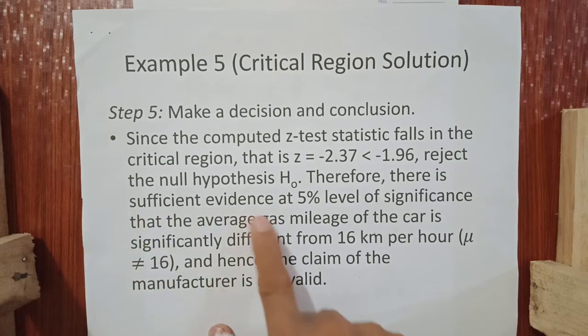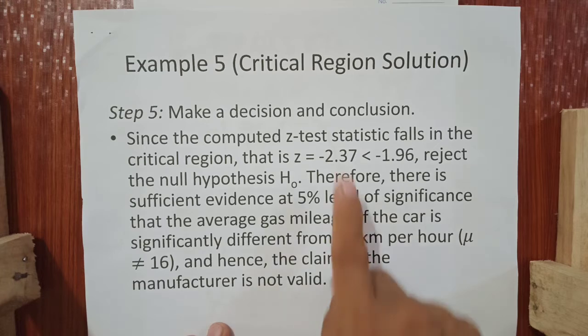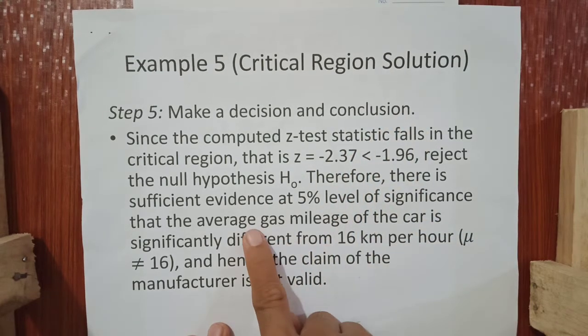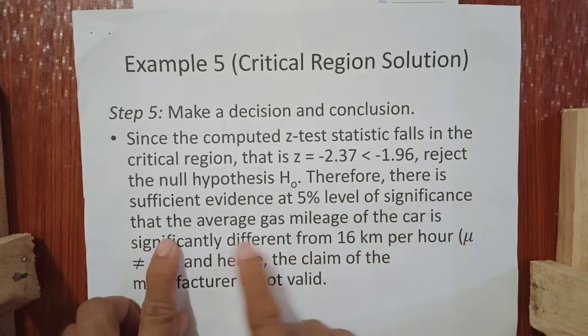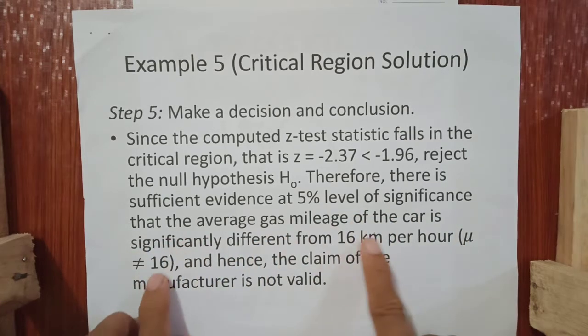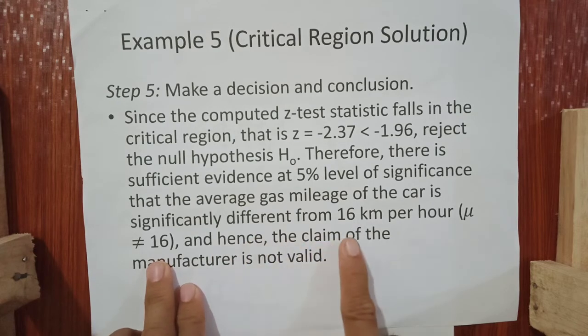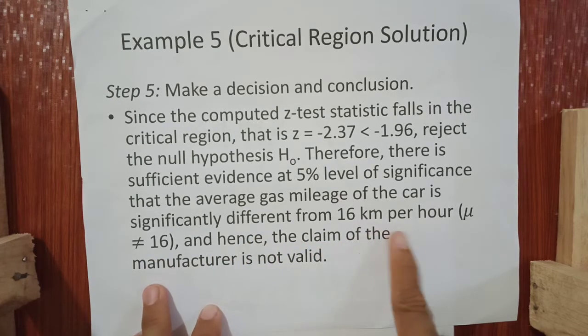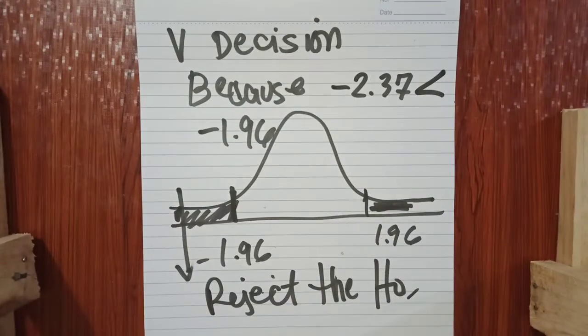Pwedeng gamitin ito sa sulat ng decision making. Okay, there is a sufficient evidence at 5% level of significance. Laging ilalagay itong level of significance that the average gas mileage of a car is significantly different from 16 km per hour.